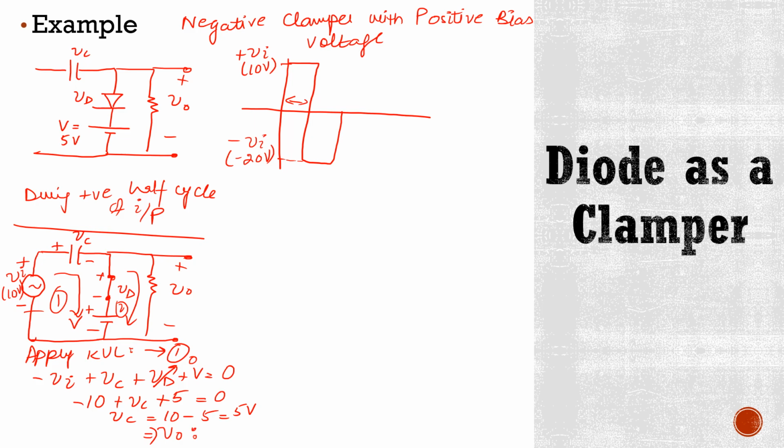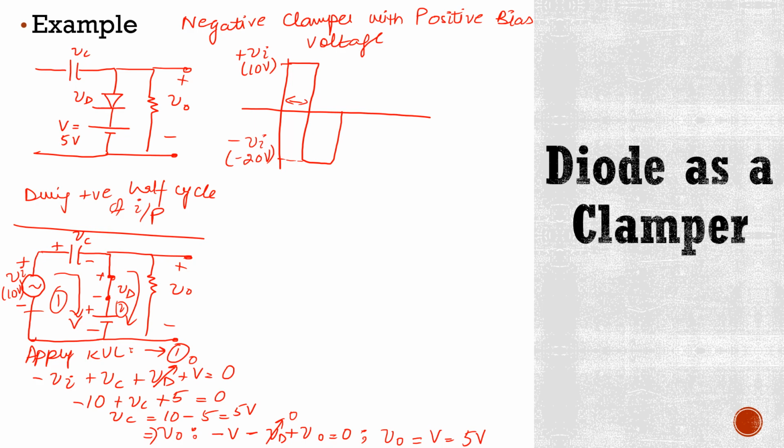So our KVL equation is minus V minus Vd plus V0 is equal to 0, and we know that here Vd is 0 because of ideal diode, so this V0 is equal to V. It means now this output voltage is 5 volts during positive half cycle.